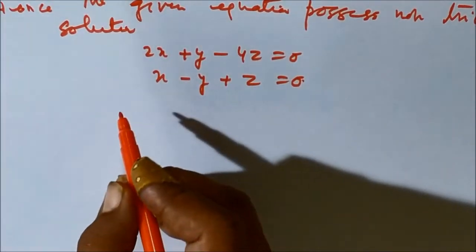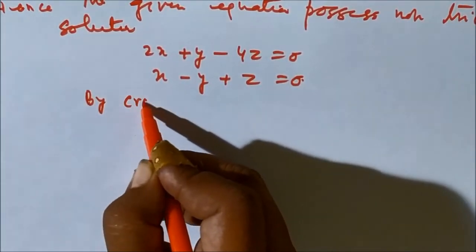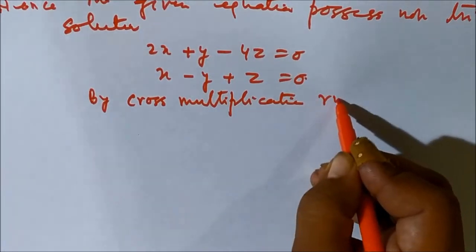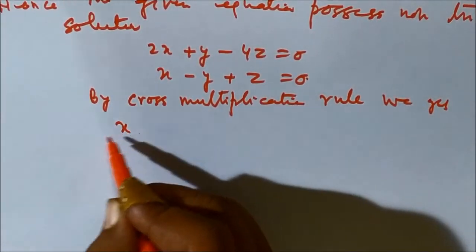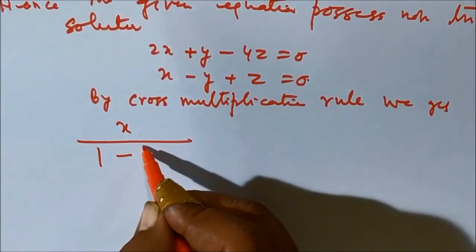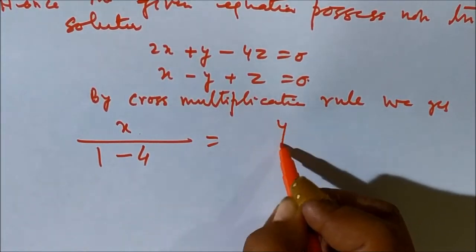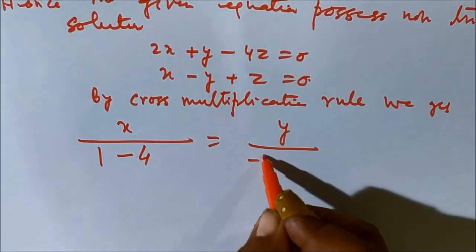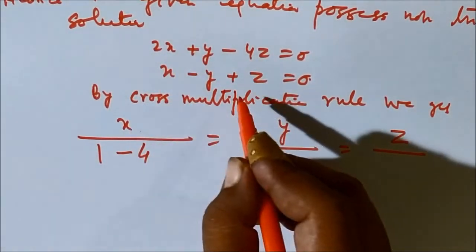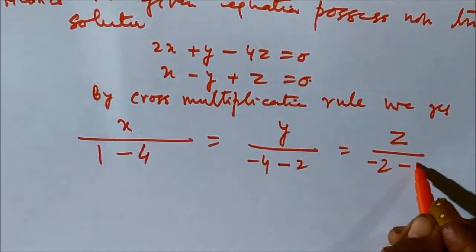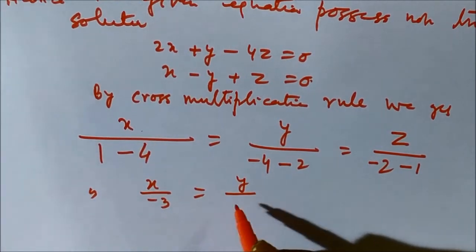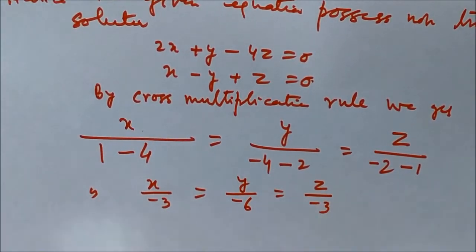By cross multiplication we get x by (1 into 1 minus (minus 1) into (minus 4)), y by (1 into minus 4 minus 2 into 1), z by (2 into minus 1 minus 1 into 1), or x by minus 3, y by minus 6, z by minus 3.